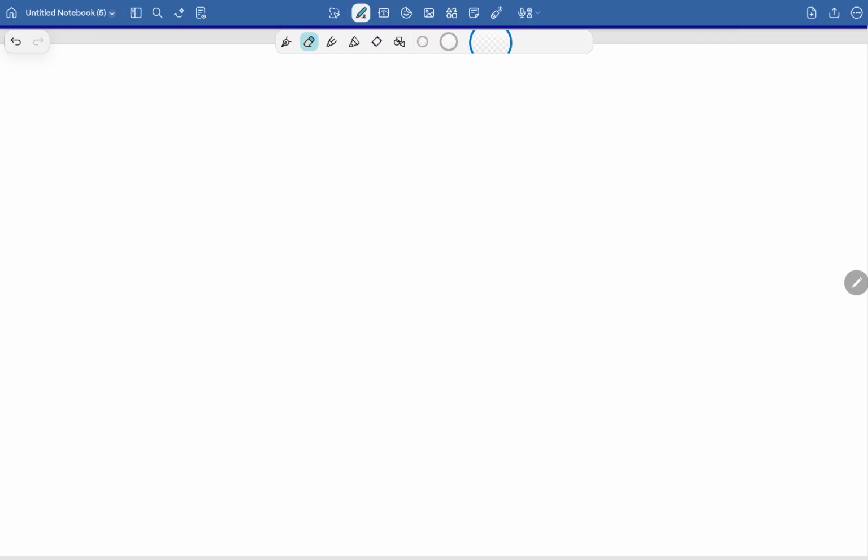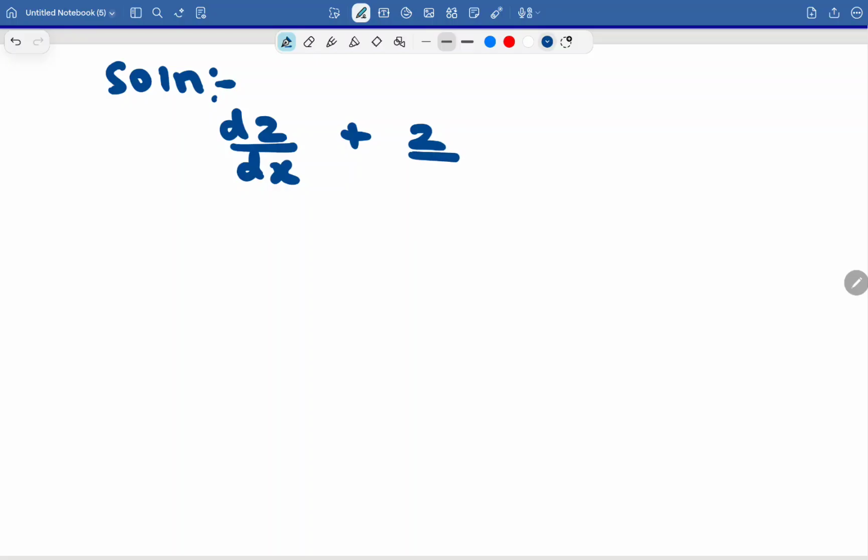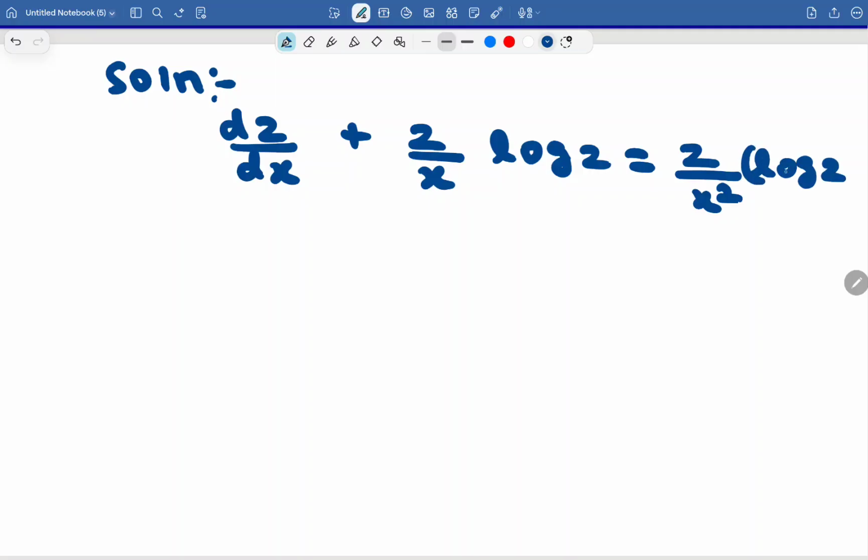What is given? Solution. dz by dx plus z by x log z equal to z by x square log z the whole square.